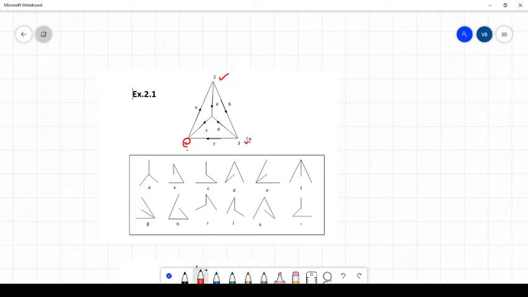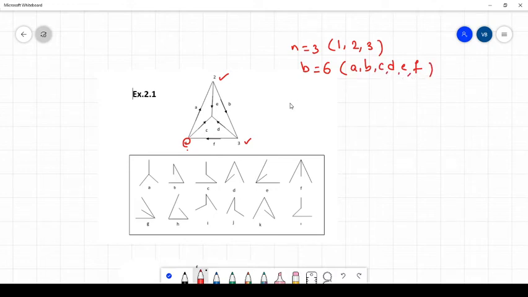These 3 nodes are connected with 6 branches. Here I am writing that nodes are 3, branches are 6. Nodes we indicate with the values 1, 2, 3, and branches are A, B, C, D, E and F. These are the 6 branches we have.